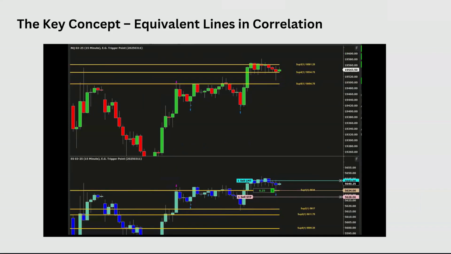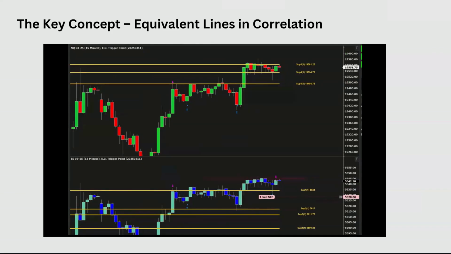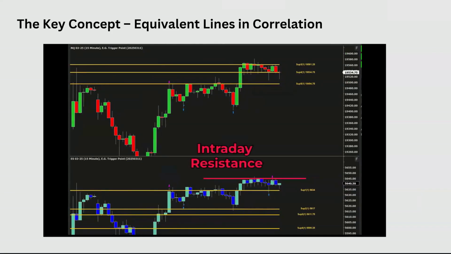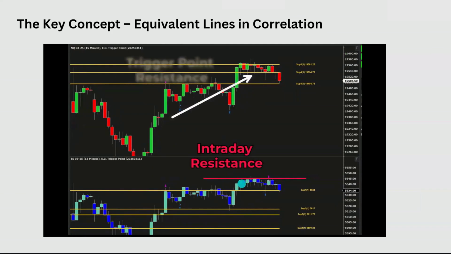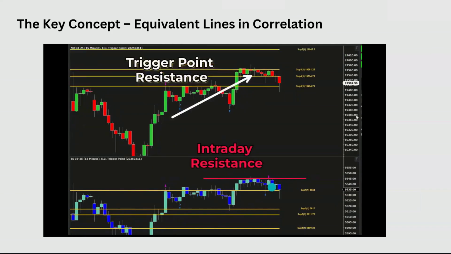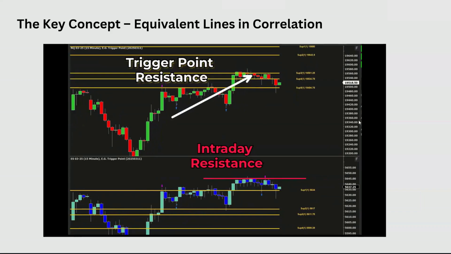In this example, there was no trigger point for ES, but there was a trigger point for NQ, and by identifying the double top here, you could realize that an intraday resistance is created by ES equivalent to NQ's trigger point resistance.